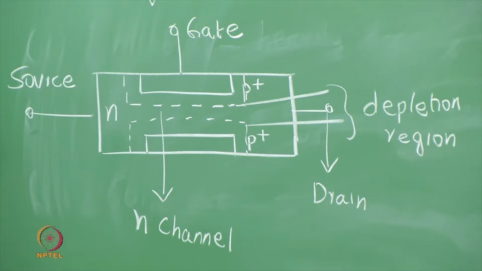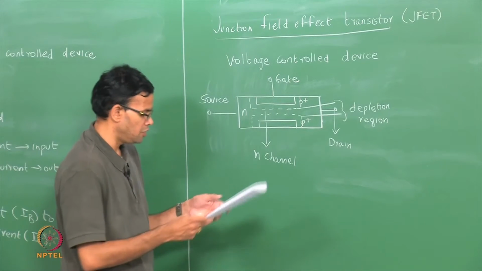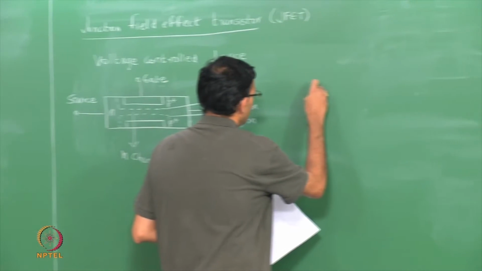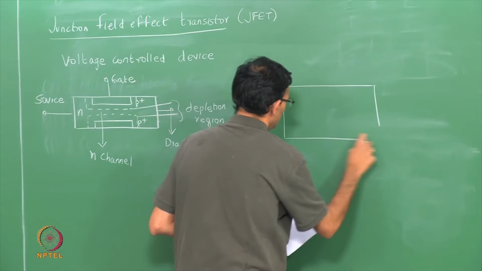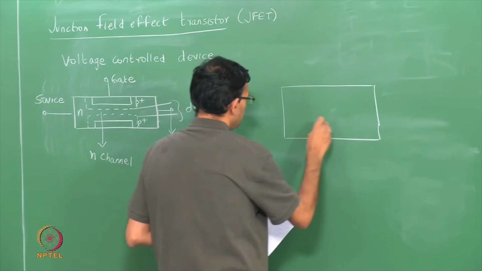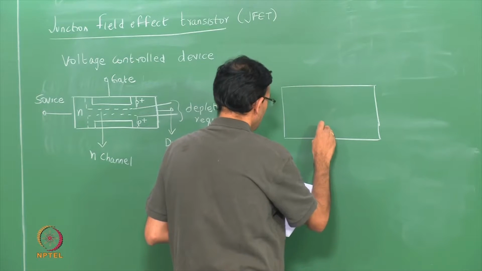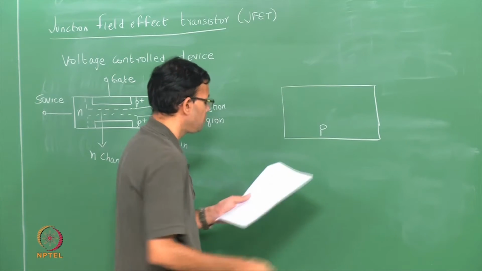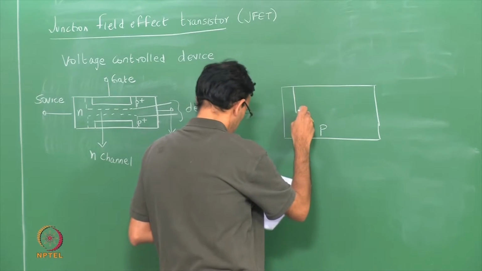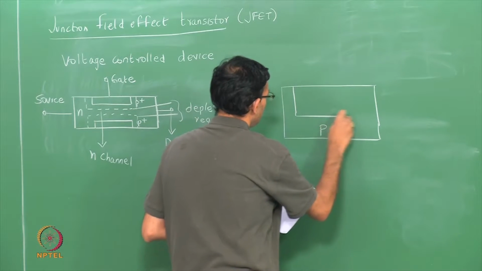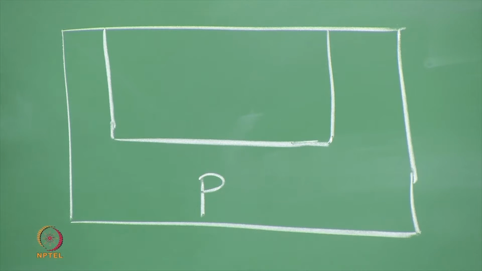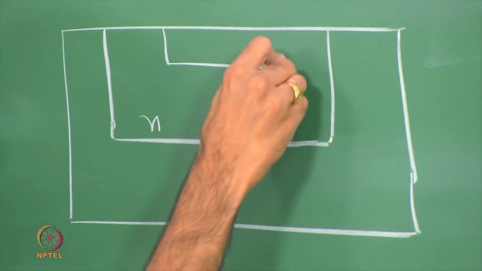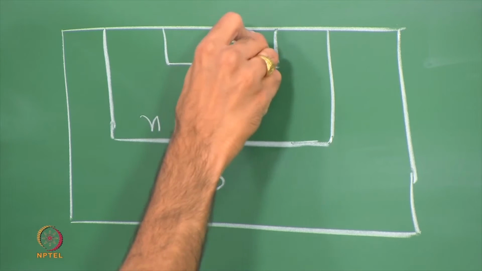A more practical way the device will look, I will just draw that. I have a p region, within that p region I define an n region, and then again I have another region which is heavily p plus.